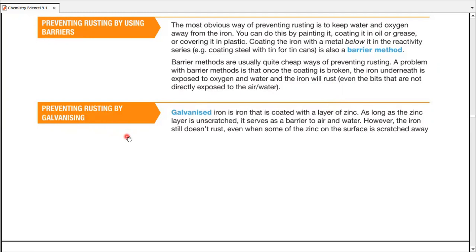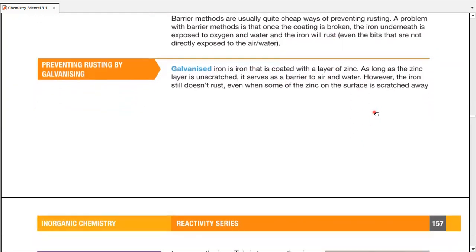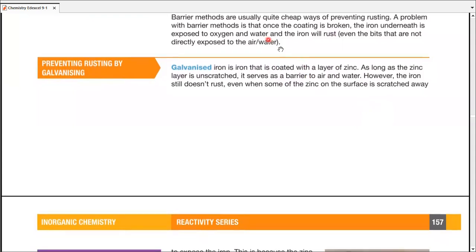The second one is galvanizing. Galvanized iron is an iron which is coated with a layer of zinc. Now, let's suppose this is a piece of iron. What we do in galvanizing is that we actually give it a fine layer on all sides. My layer is not as fine, but from all sides with zinc, right?